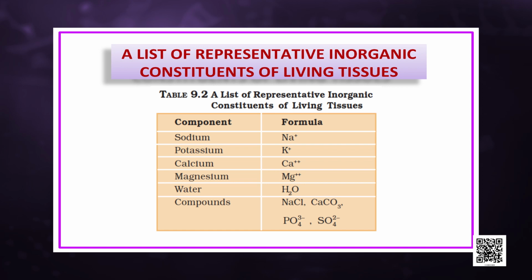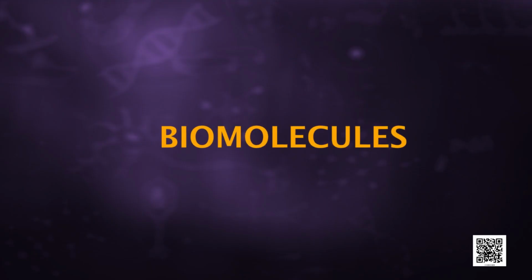Now let's see what all inorganic constituents are present in living organisms. As you can see in the table, living tissues contain inorganic constituents like sodium, potassium, magnesium, water and compounds like sodium chloride, calcium carbonate, phosphate ions, sulfate ions, etc. We will now discuss in detail about biomacromolecules.